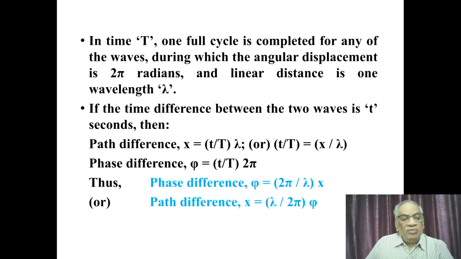In time T, one full cycle is completed for any of the waves, during which the angular displacement is 2 pi radians and the linear distance is 1 wavelength. So if the time difference between two waves is small t seconds, then path difference is equal to t by T of lambda, or t by T is equal to x by lambda.